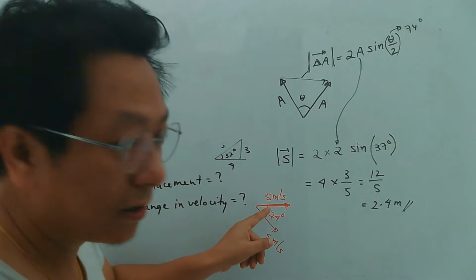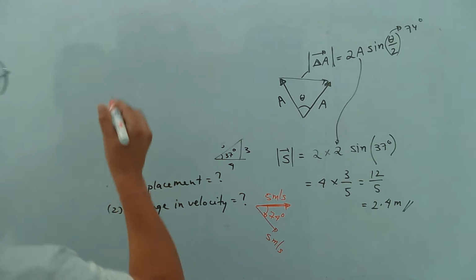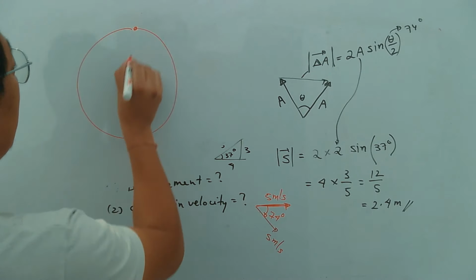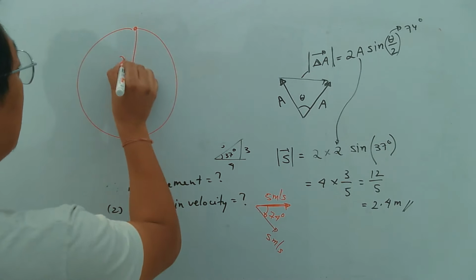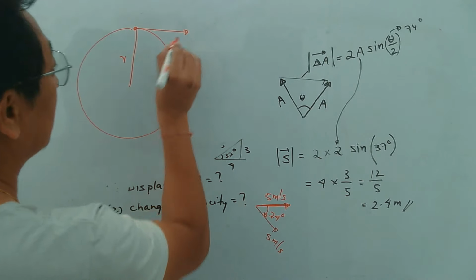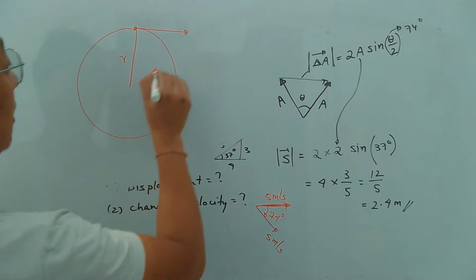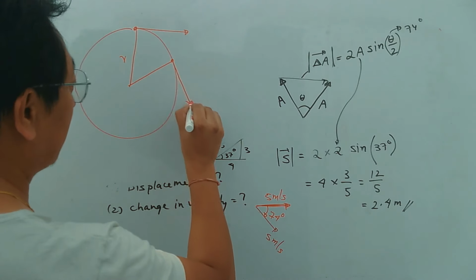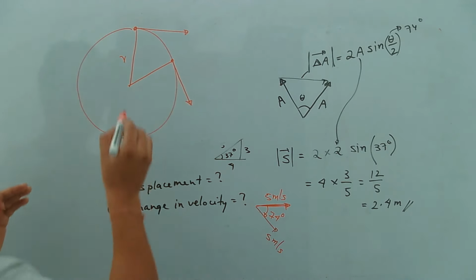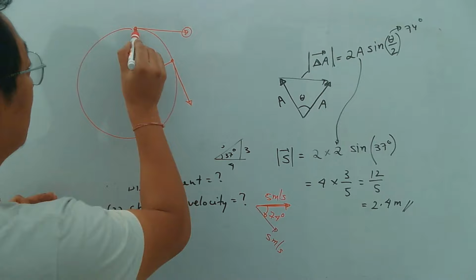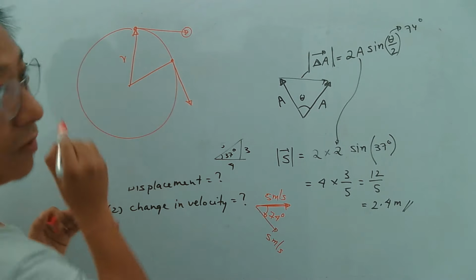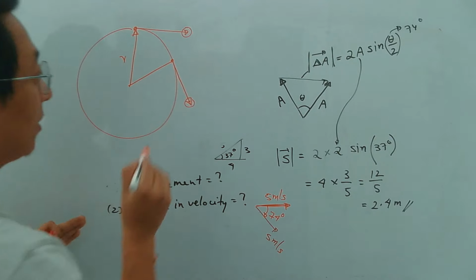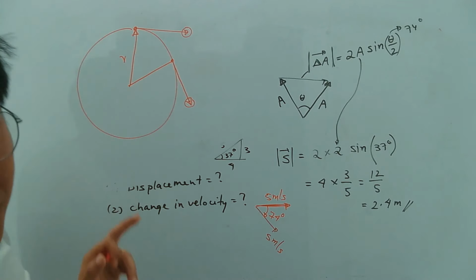Now why should this angle also be 74 degree? Well, if this was your circular path, then when the particle was here, this was the radius and this was the initial velocity vector. After some time when the particle came here, this was your velocity vector. Now can you see that this velocity vector is perpendicular to this radius vector, because this is tangent and this is radius, and this velocity vector is also perpendicular to this radius.